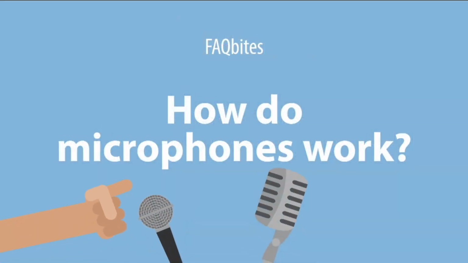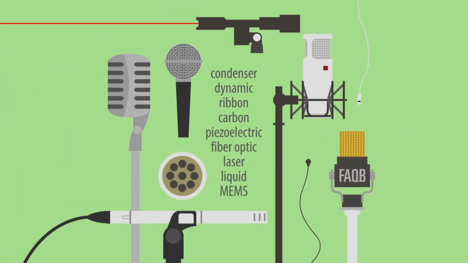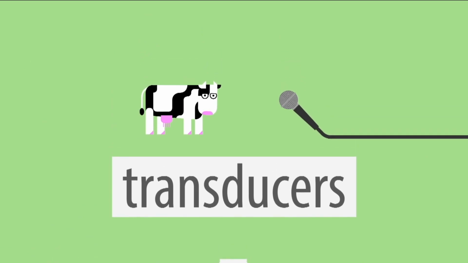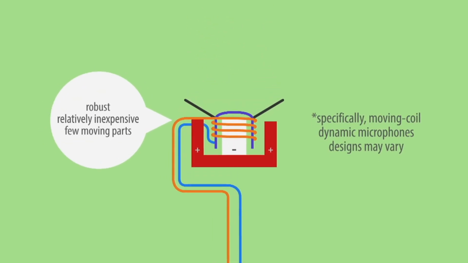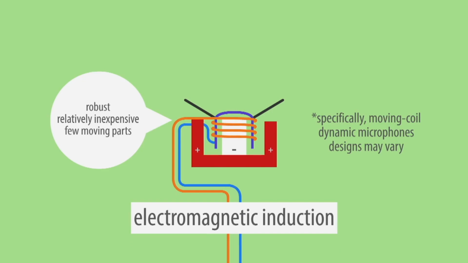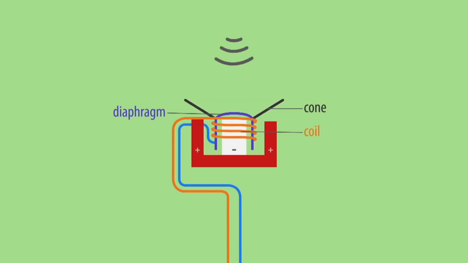How do microphones work? Though they have their differences and different uses, they are all transducers, converting sound waves to an electrical signal. The dynamic microphone is the most commonly used. These work using electromagnetic induction. Sound waves hit a thin diaphragm which causes it to move. This diaphragm is attached to a coil surrounded by a magnet.